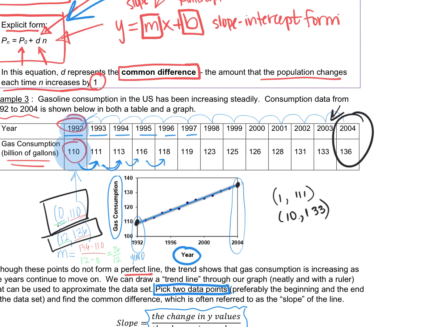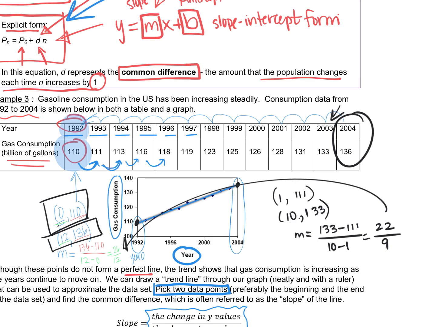If I'm finding the slope, the change in my y values and the gas consumption from 111 to 133 would be 22. And then the years, it's a 10 year difference, 10 minus 1, actually 9 years. That's going to be a little bit different slope than what we had using those 2 points.